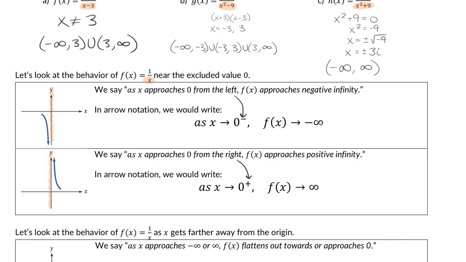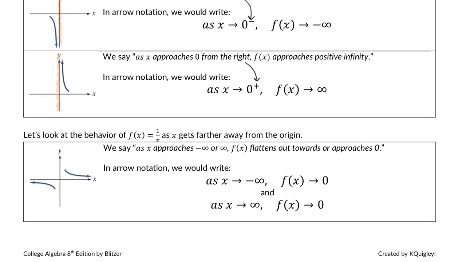So these graphs are going to have interesting behaviors near these excluded values because they are mostly vertical asymptotes. We are also going to have interesting behavior as the function gets farther away from the origin. As we get farther away from the origin, we are talking about the end behavior.